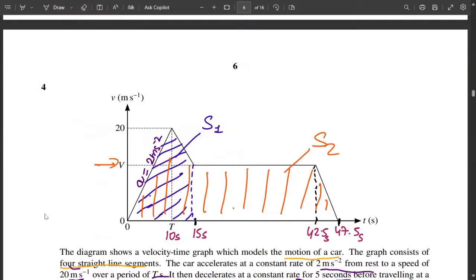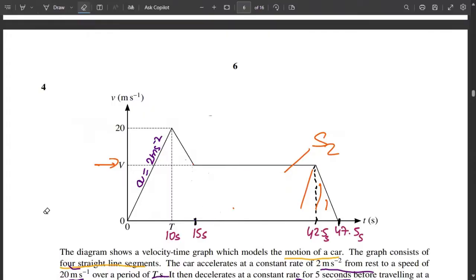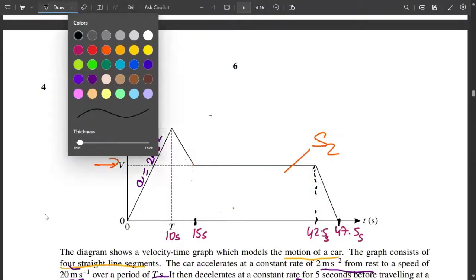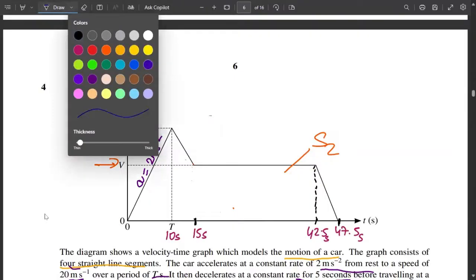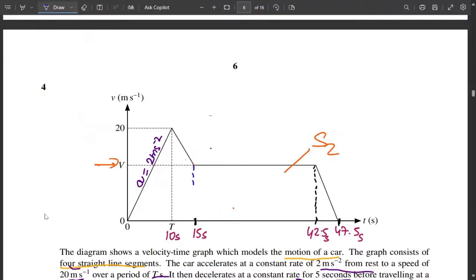Okay, so now let's start finding S1 and S2. So what will S1 be? Let me erase everything first. Okay, let's talk about S1. So this part is S1.